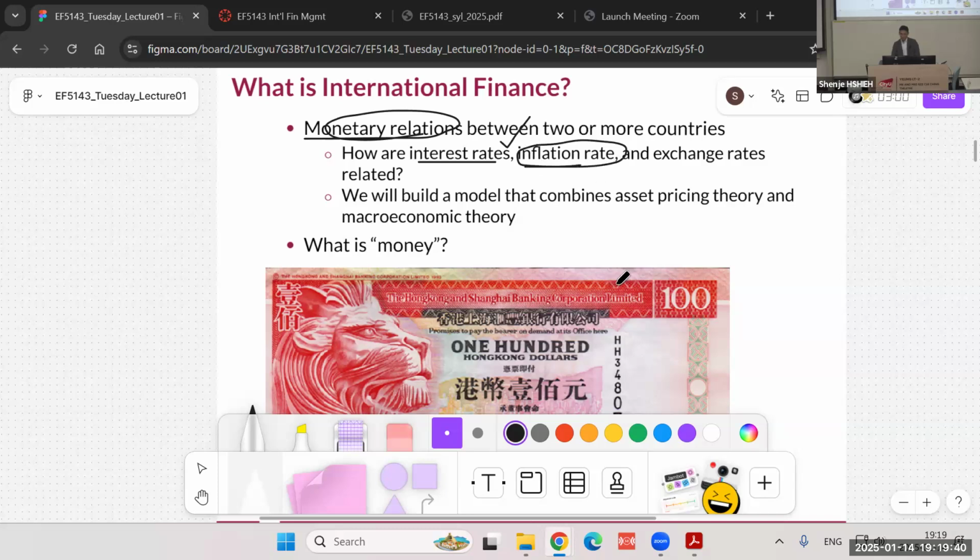Inflation rates, so why is inflation rate important for us? Well, if I change the money supply, that means that all else equal, there's more money chasing the same amount of goods. So we should expect prices to rise perhaps over time. And so inflation rate is also something you must consider when thinking about changing money supply. And if one set of prices change in one country, what sort of implications do they have for another country?